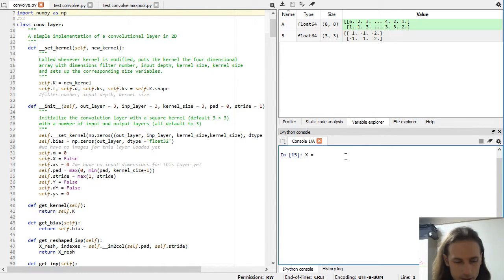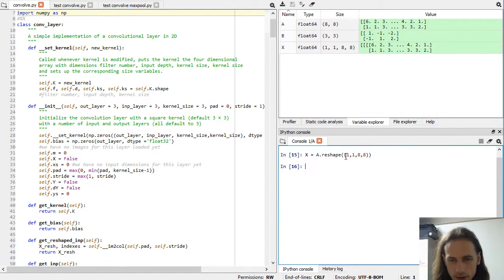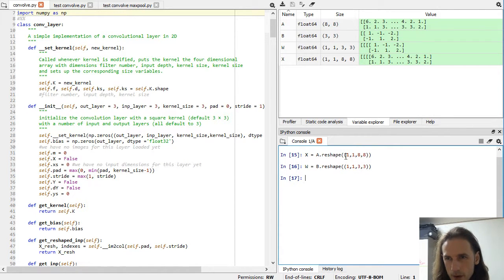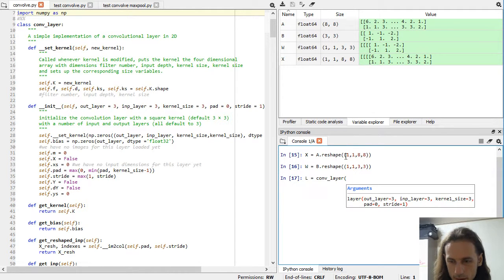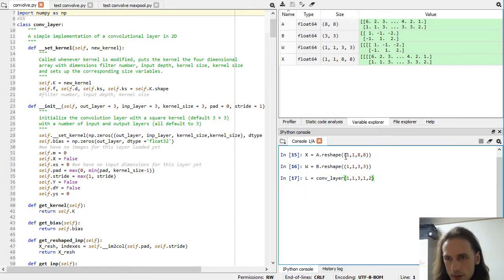It's a 4-dimensional tensor, so it's going to be x equals a.reshape(1, 1, 8, 8), and the weight will be b.reshape(1, 1, 3, 3). Let's make our convolution layer as conv layer with output layer 1, input layer 1, kernel size 3, padding 1, stride 2. That's how we're going to roll with this.